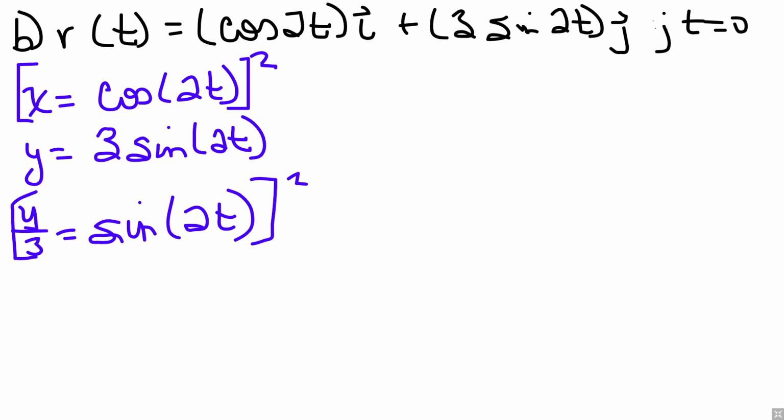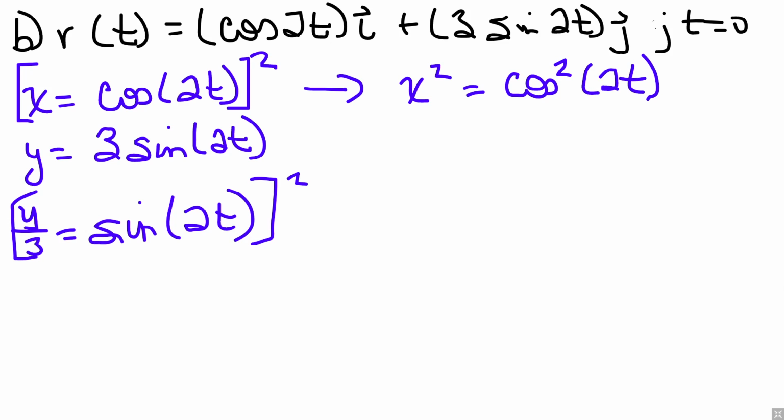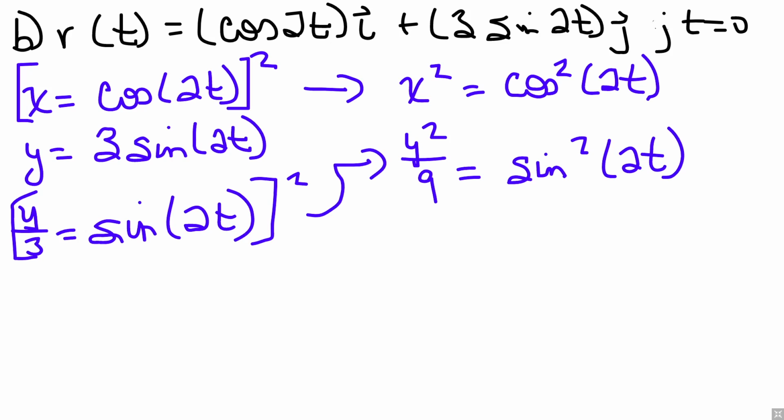If I square both sides, the top one becomes x squared equals cosine squared of 2t. If I square the second one, it becomes y squared over 9 equals sine squared of 2t.